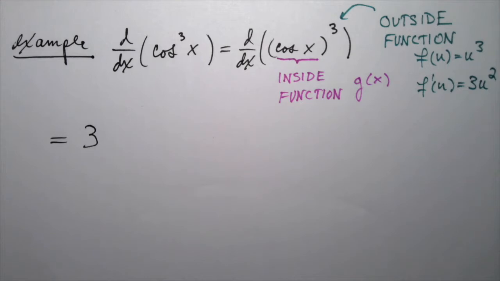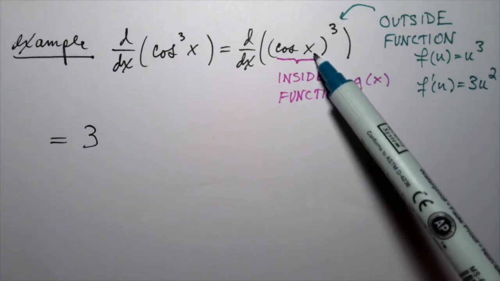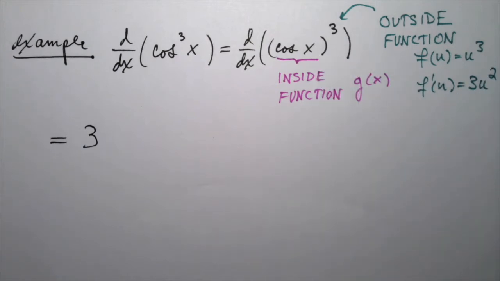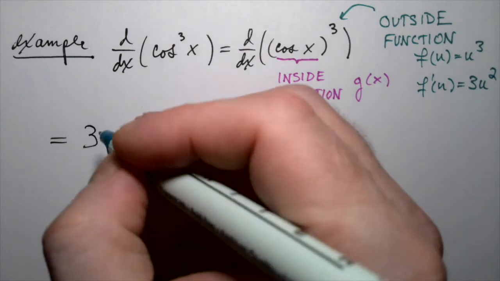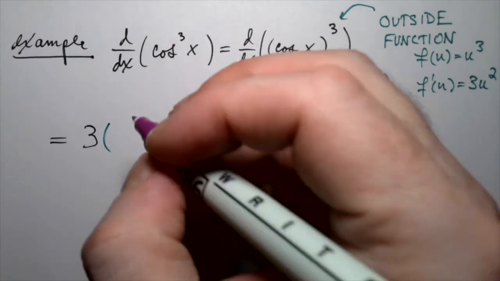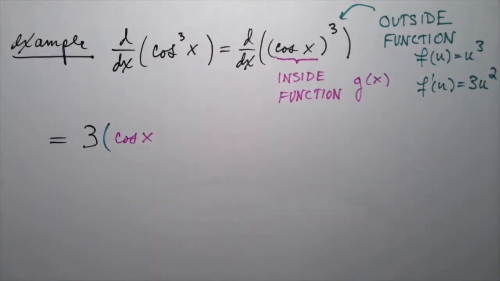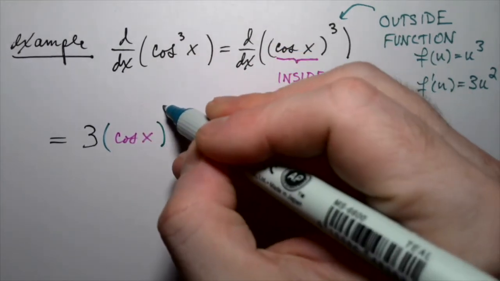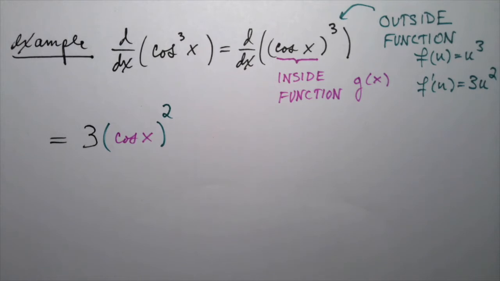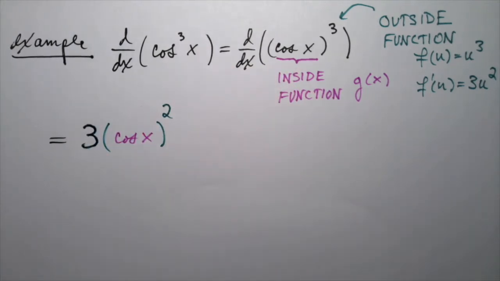But what is u? U is going to be the inside function g of x, cosine of x. The output of cosine is the u variable. So we'll be taking 3u squared where u is cosine of x. That should have been in blue, according to my color scheme.